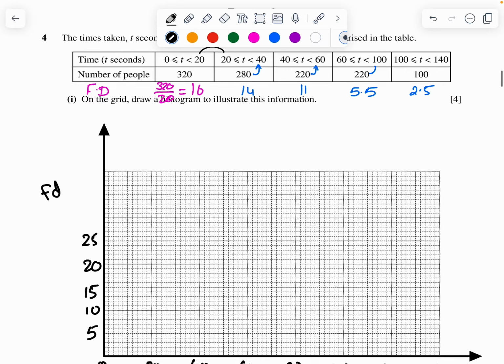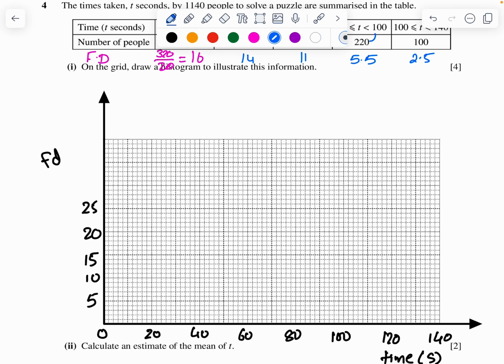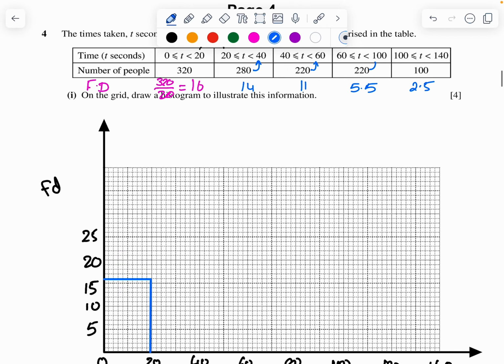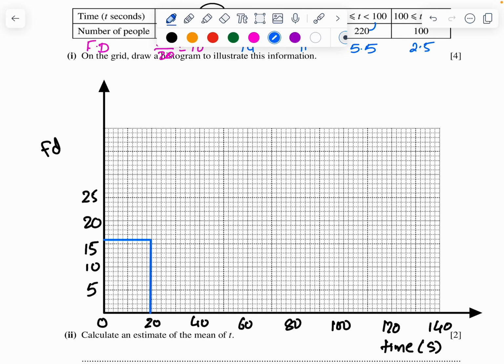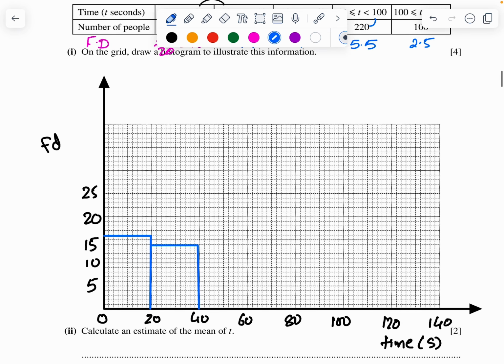Now 0 to 20 it is 16. Then 20 to 40 it is 14. Then 40 to 60 is 11.